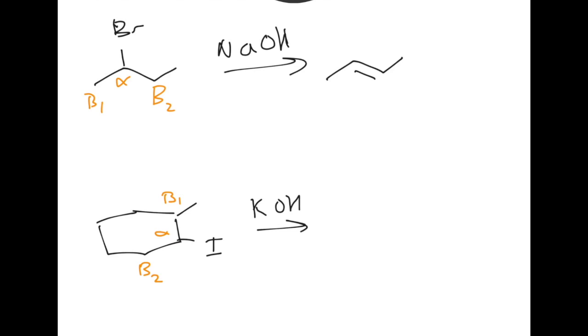You're going to say, okay, beta 1 has 1 hydrogen, beta 2 has 2 hydrogens, 1 is less than 2. And you're going to make your double bond. Every time you go to make one of these double bonds, if you find your alpha and your betas and count the hydrogens, you're going to make the right double bond every single time.